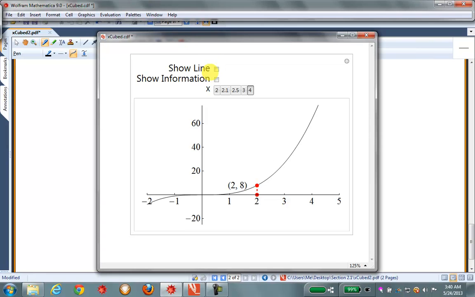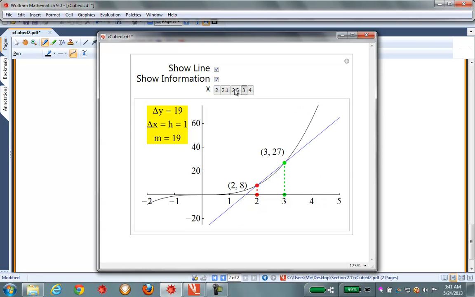So we have the secant line, determined by the points with the left endpoint being 2 and the right endpoint being 4. As we reduce the length of that interval, from 2 to 3, remember that the slope went from 28 to 19.